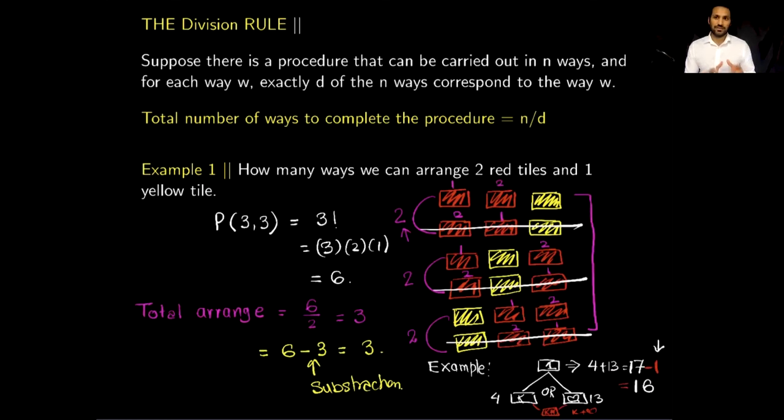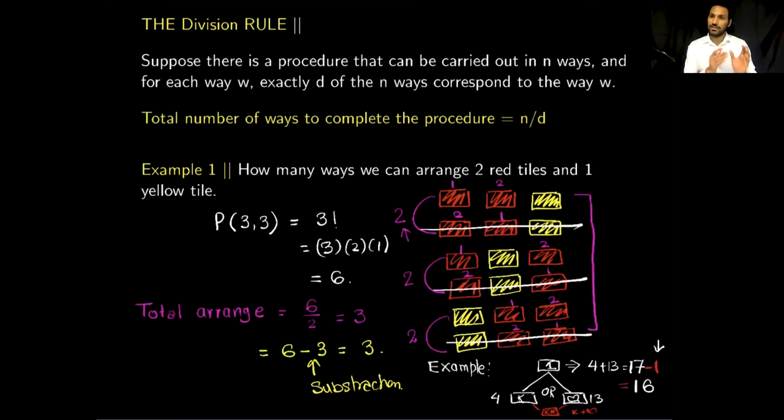So in a nutshell, I would say the division rule is used when every way has a repetition and they have exactly the same number of repetitions when you divide into groups. However, in the subtraction rule, there are some ways which have a repetition, but not all. If all ways have a repetition, then we use the division rule. But if only some ways have a repetition, then we use the subtraction rule.